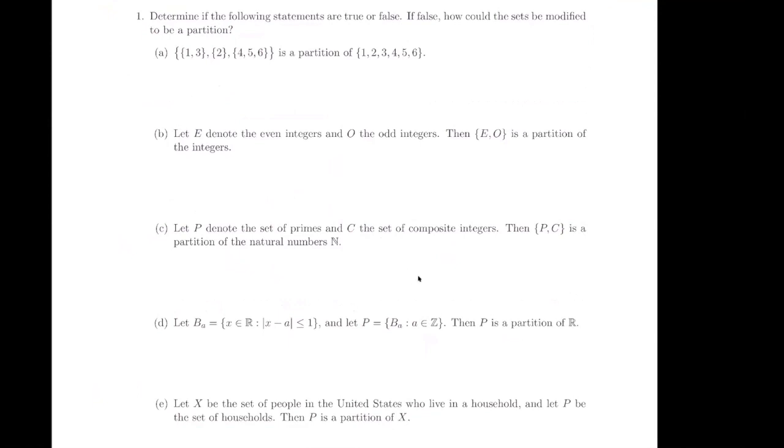What I'm asking here is, for the first example in part A, is this a partition? Yes or no. Yes would mean that it is a partition, and no would mean that it's not.